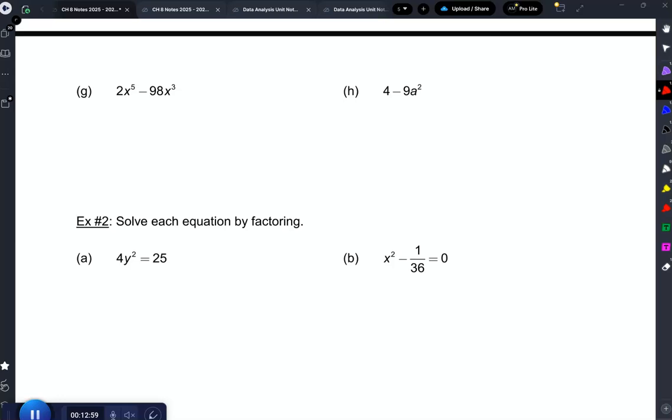X to the what? 2x cubed. I can factor out a GCF. I can factor out a 2x cubed. When I factor out a 2x cubed, I divide. So I get x squared minus 49. Can that be factored further? Yeah, because perfect square. X, x, 7 plus minus.